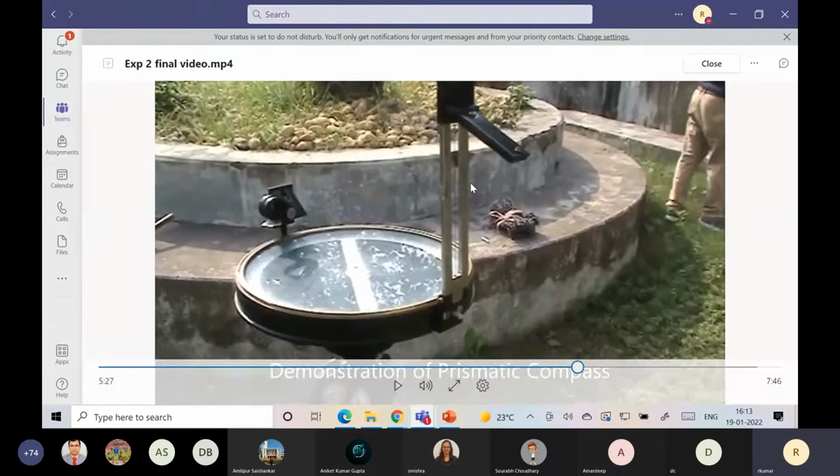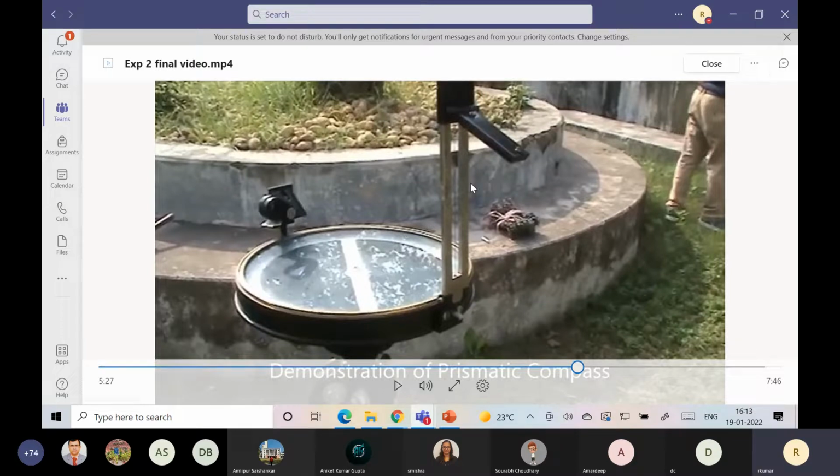I'm just pausing it. See, this is called a horsehair, and this is the magnetic needle. We have to see the reading from this side, the sight vane. Through the prism you have to see the reading on this scale here.